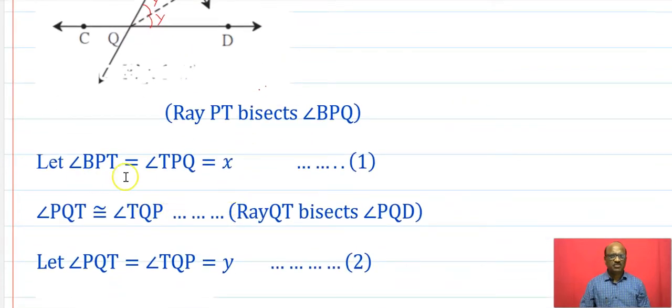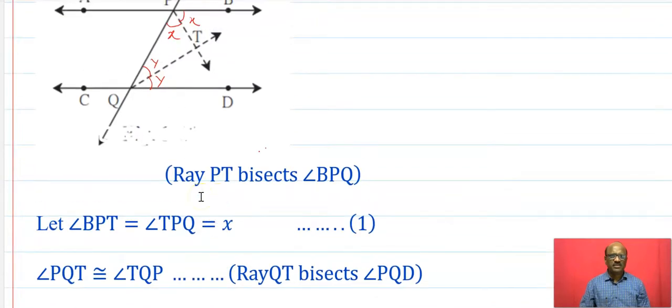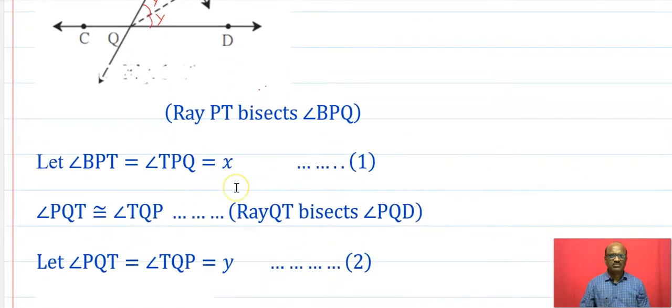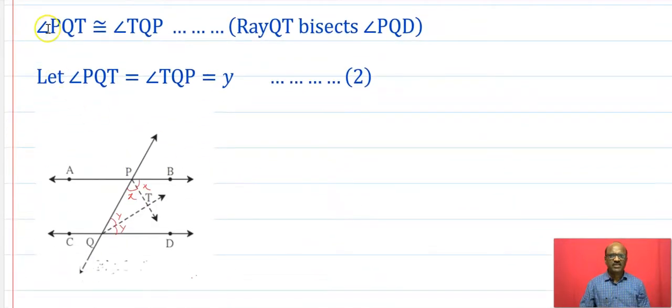Now see, the measure of angle BPT is equal to the measure of angle TPQ is equal to x. What about the next? The measure of angle PQT is equal to the measure of angle TQD is equal to y.